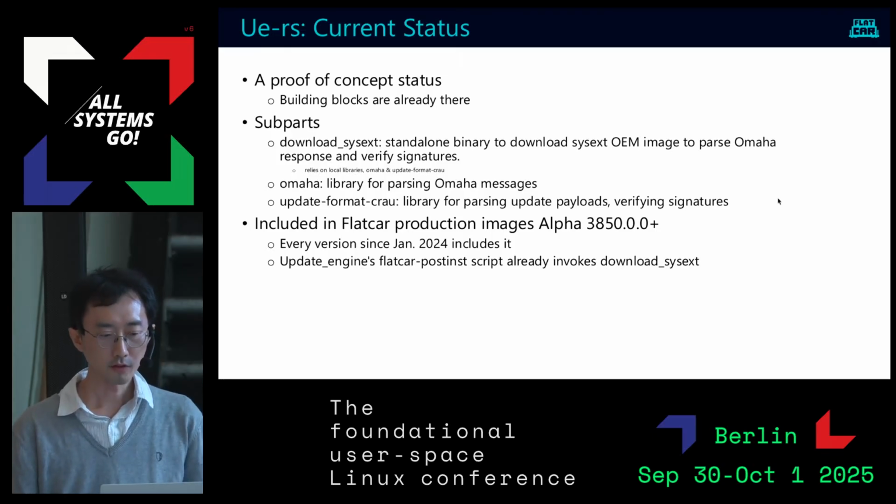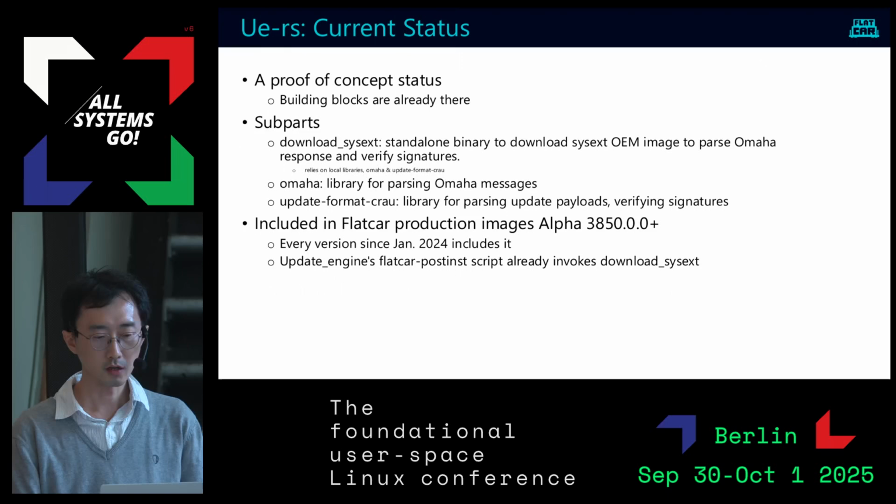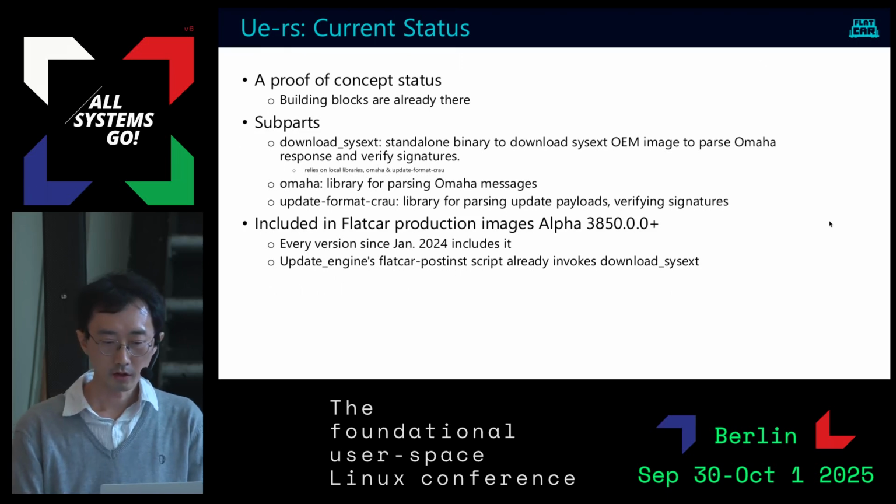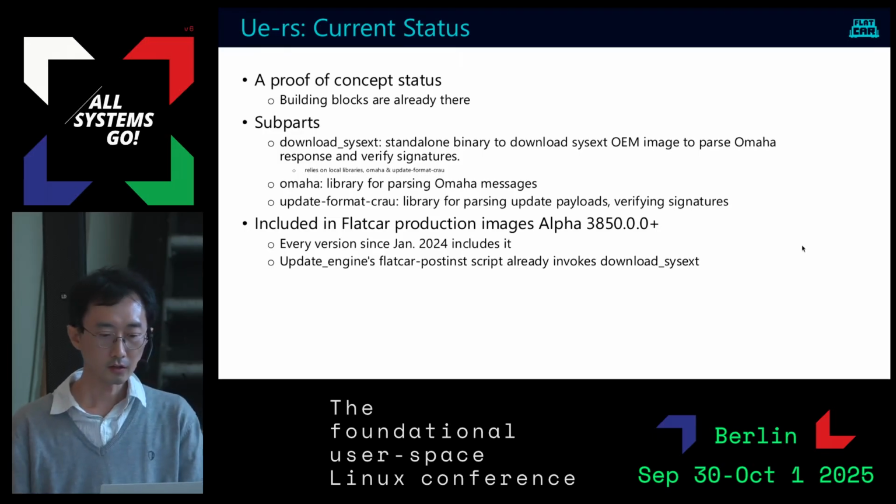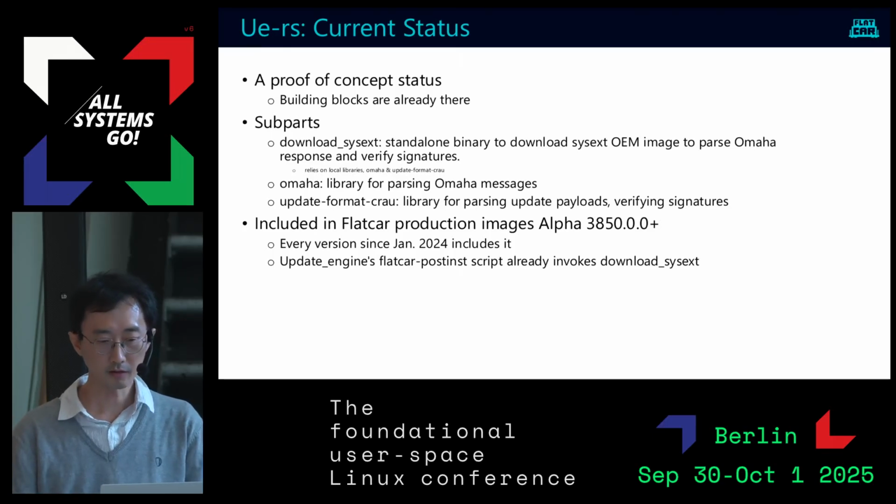This tool, download sysext, is already included in Flatcar Alpha 3850, released in January 2024. So basically every version since then, including the current stable version, already has it. However, it just invokes that script inside the Flatcar posting script, so it works well.